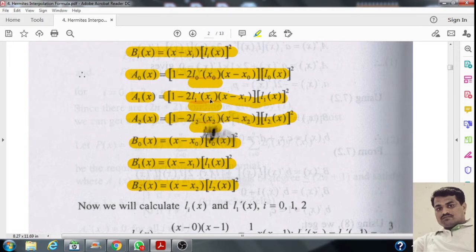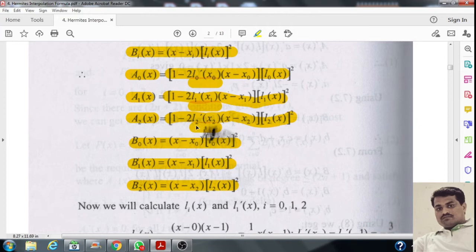Similarly for l1 dash of x1, we consider l1x and differentiate to get l1 dash, and then replace x by x1 and we get l1 dash of x1. Similarly, to find l2 dash of x2, we differentiate l2x with respect to x to get l2 dash, and again replace x by x2.